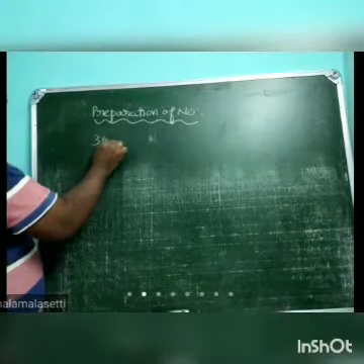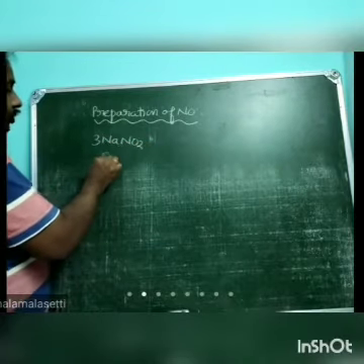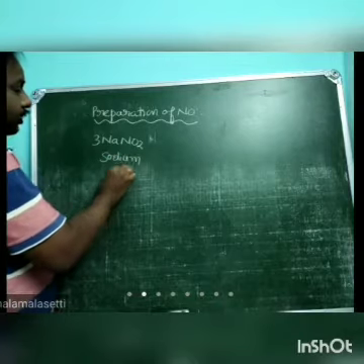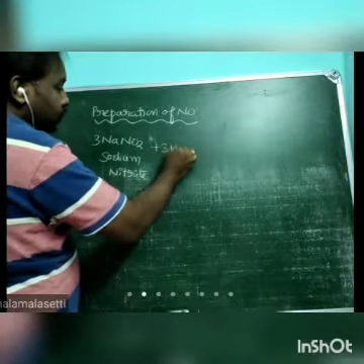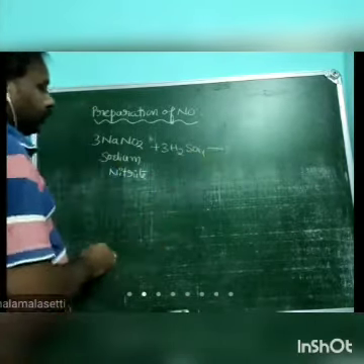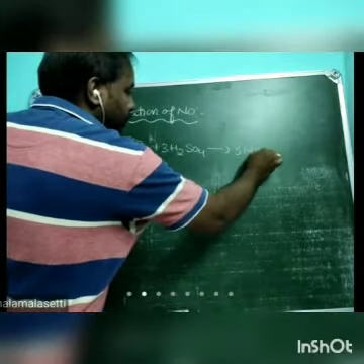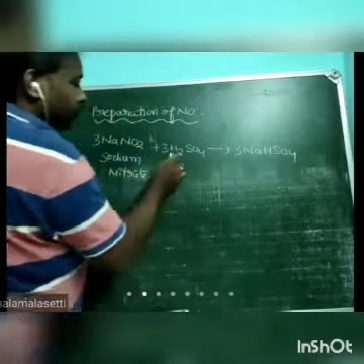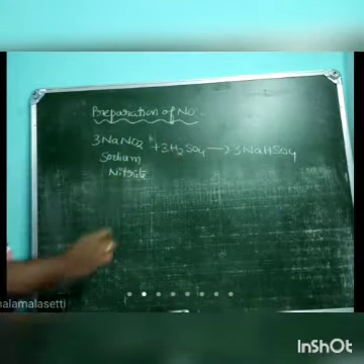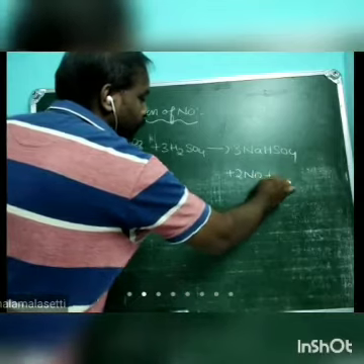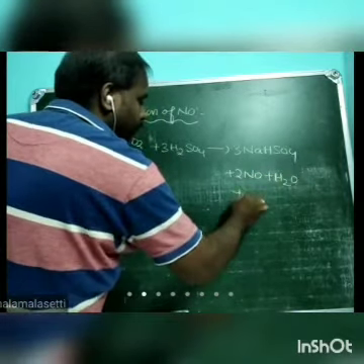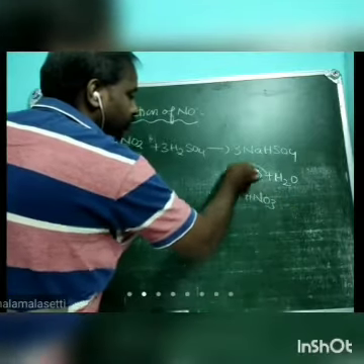NO is prepared from sodium nitrite, NaNO2. When sodium nitrite is made to react with sulfuric acid, then we will get 3 moles of NaHSO4. 3 hydrogens are replaced with 3 sodiums, and after that 2 moles of NO plus H2O plus HNO3 is formed.